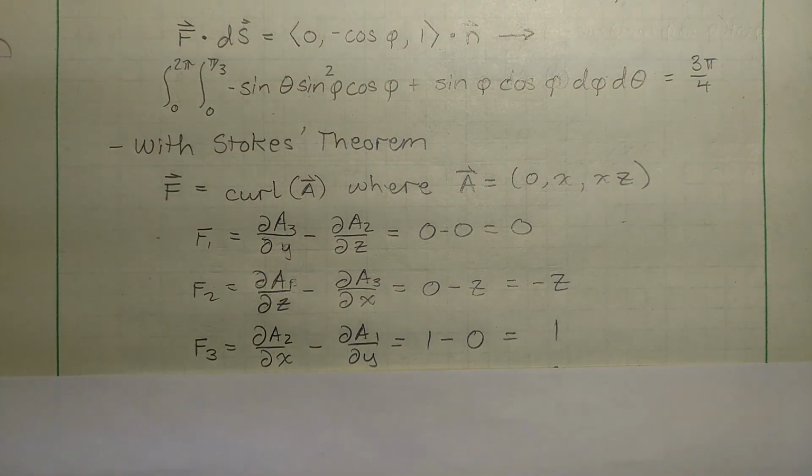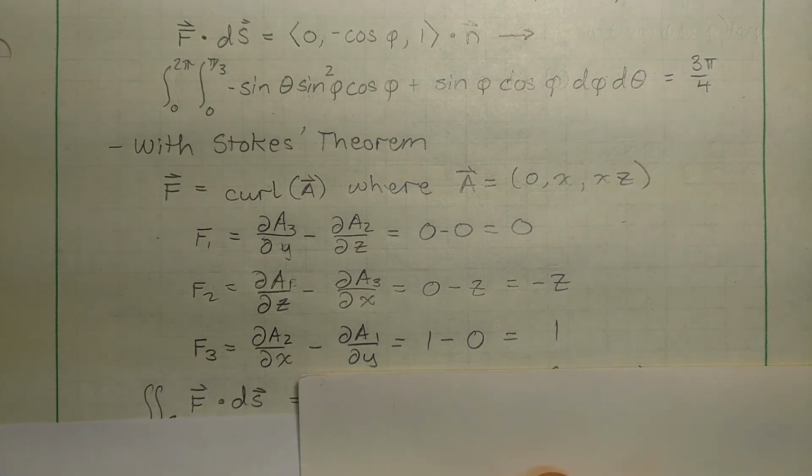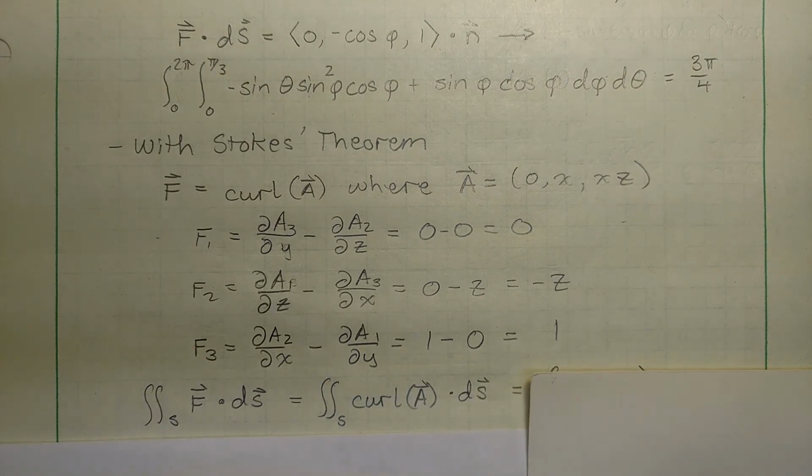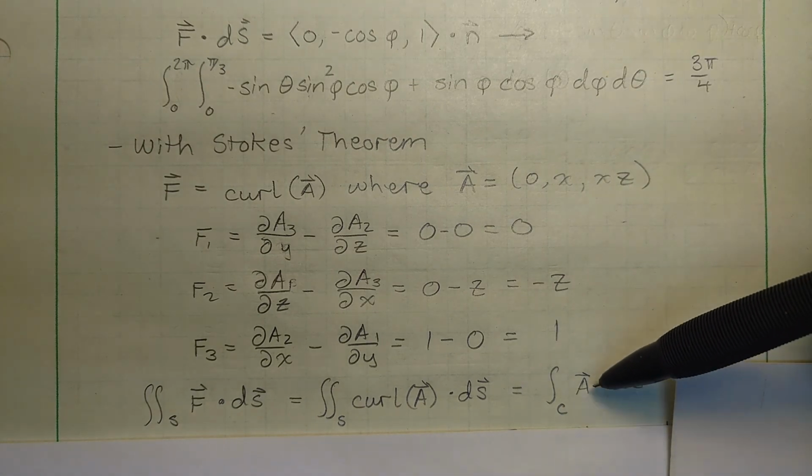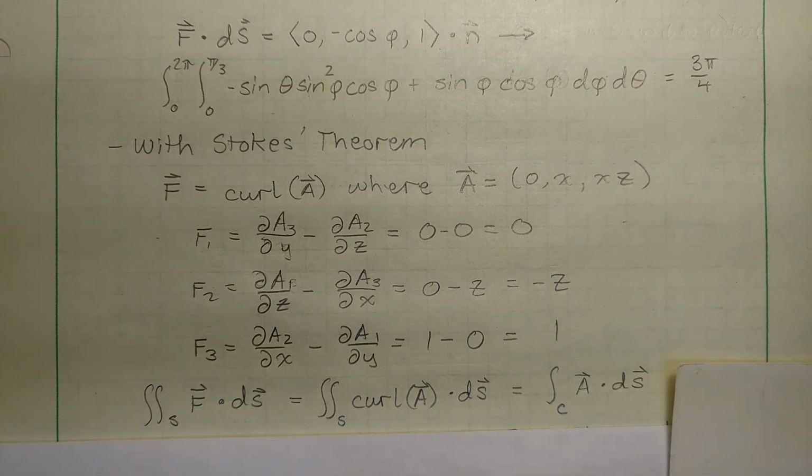So with that in mind, what it then asks us to do is use Stokes' theorem to evaluate the surface integral. Stokes' theorem basically says that this double integral of the curl of A dotted with dS is just the single integral of A dotted with ds.